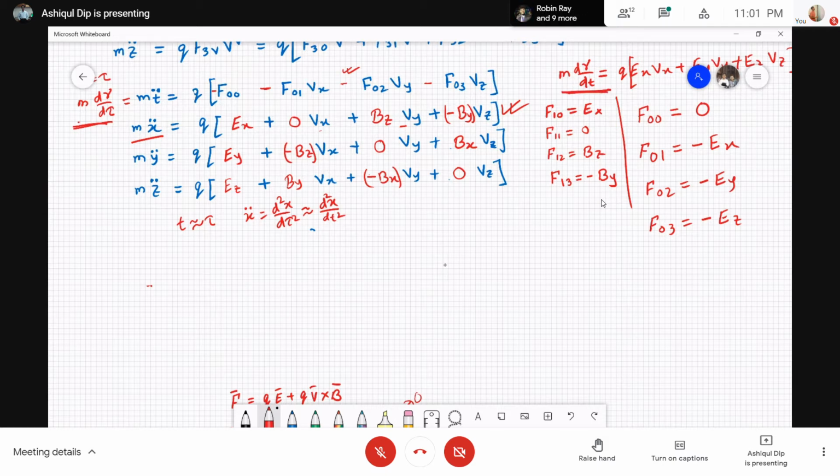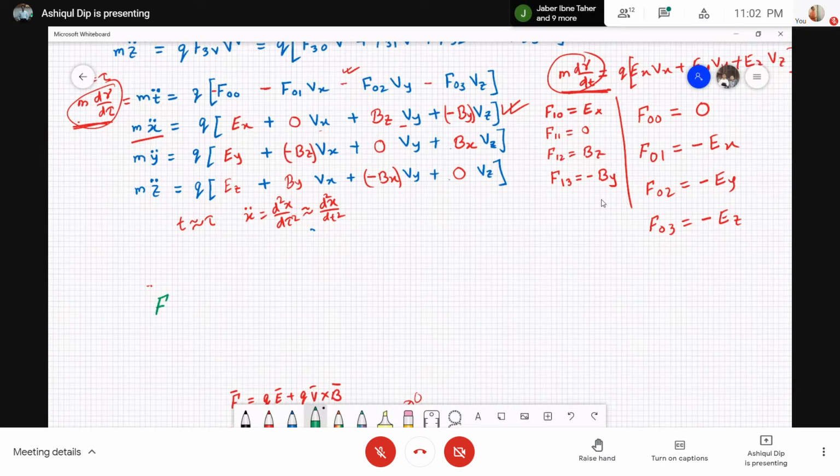I had a minus sign, like minus m times the double dot, that I took to the other side. And I have Ex vx, but here I have minus f01 vx. So minus f01 has to equal Ex, which gives f01 equals minus Ex, right? Yes. So I can now construct a matrix out of it.